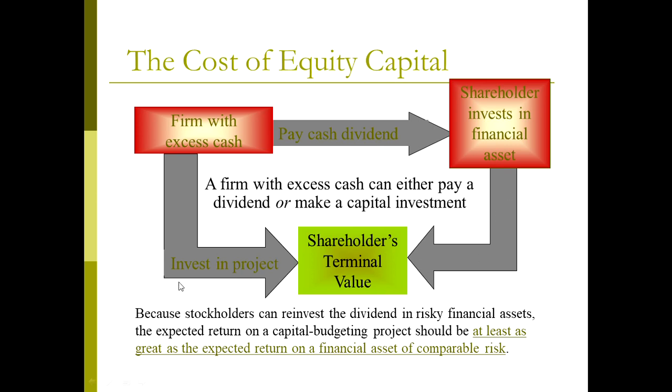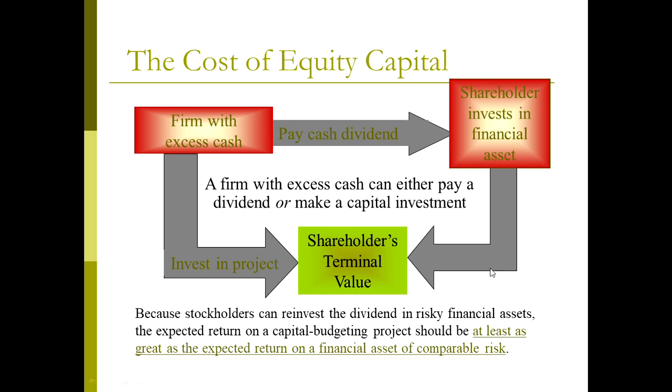If the company has a super good project to invest in, which can yield a really high return, the shareholders will prefer to use the excess cash to invest in the project within the company. If the company doesn't have enough good projects, the shareholders will prefer cash dividends so that they receive the cash and invest the cash somewhere else.